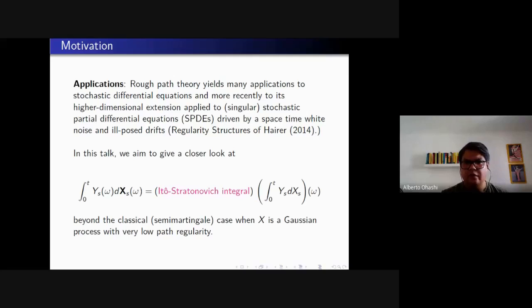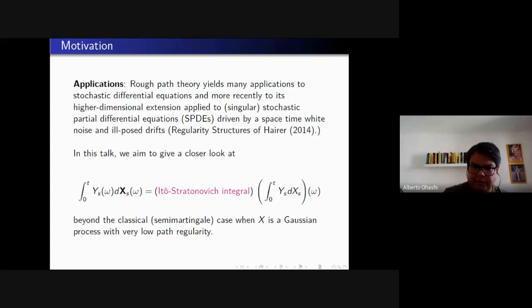Okay, so the goal of this talk is to give a closer look at this object here. On the left-hand side is the rough path integral. I want to investigate the connection of the rough path integral with stochastic integrals in the classical sense, beyond the case when the driving noise is a classical semi-martingale.